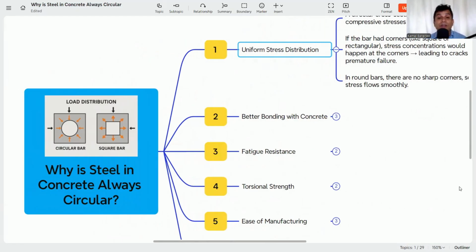So why is uniform load distribution important? Because in any structure, whenever the load is coming, it needs to be distributed throughout the section. Otherwise one section will have more load and another section will have less load. So that is not structural stability or structural uniformity.